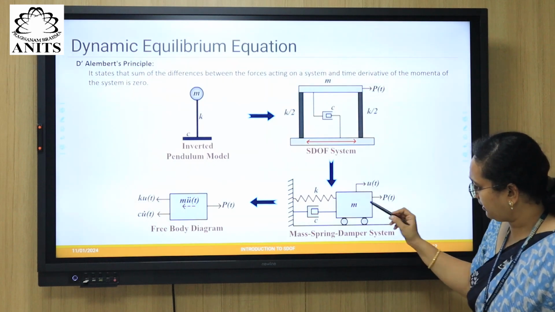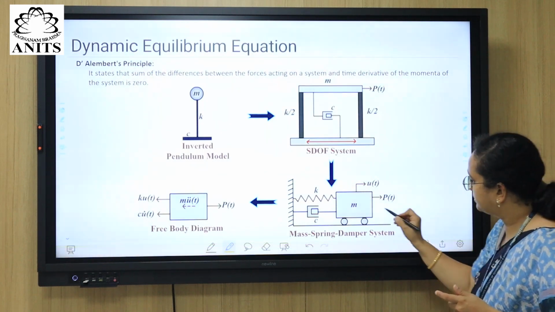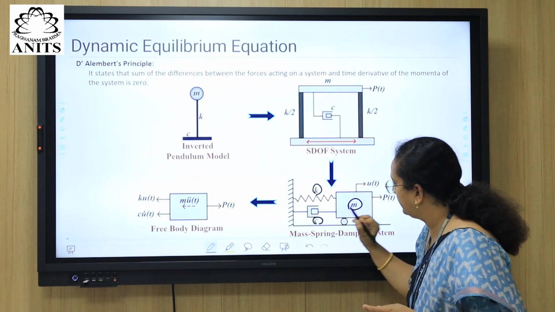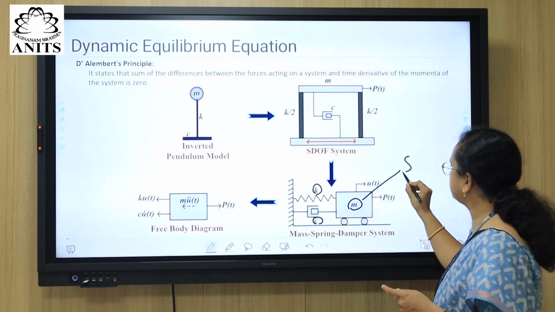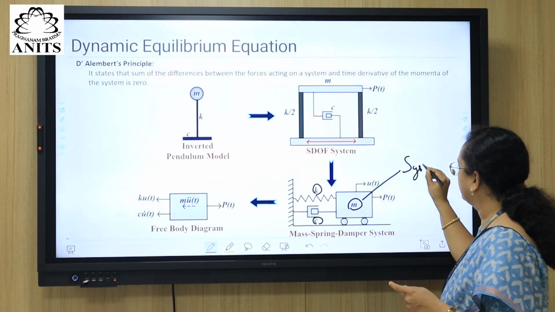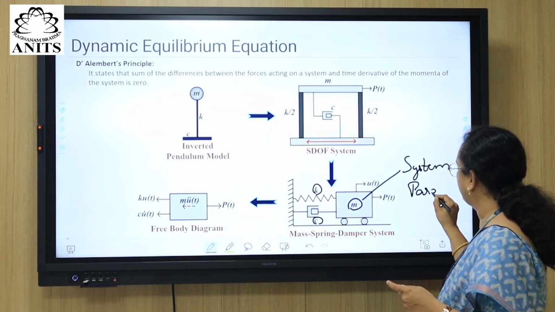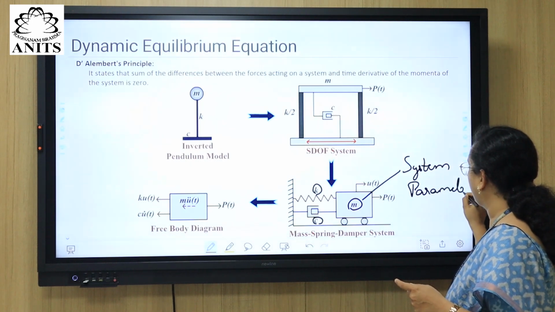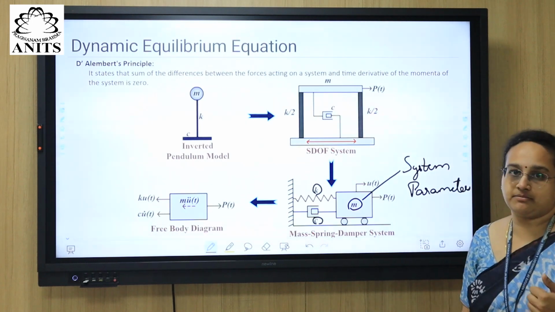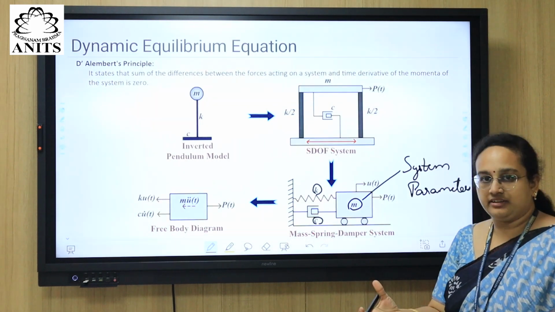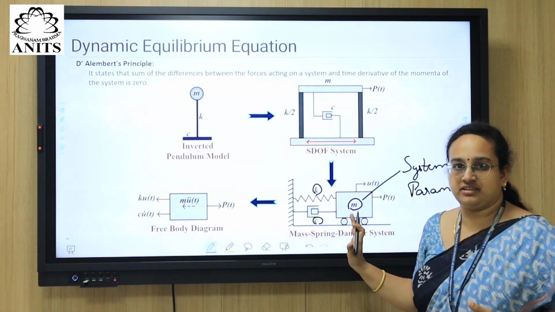Here, what is more important is this M, K and C. These three are called system parameters. That means mass, stiffness and damping are given if the system is fixed. Right?